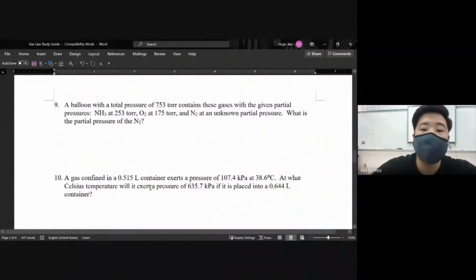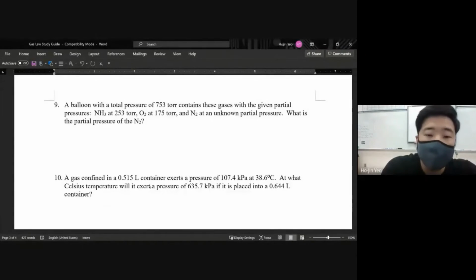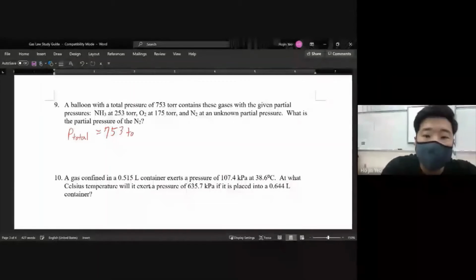Next, we have this. It says a balloon with a total pressure. So this total pressure kind of gives away what kind of equation you'll use. So it says the total pressure is 753 torr.